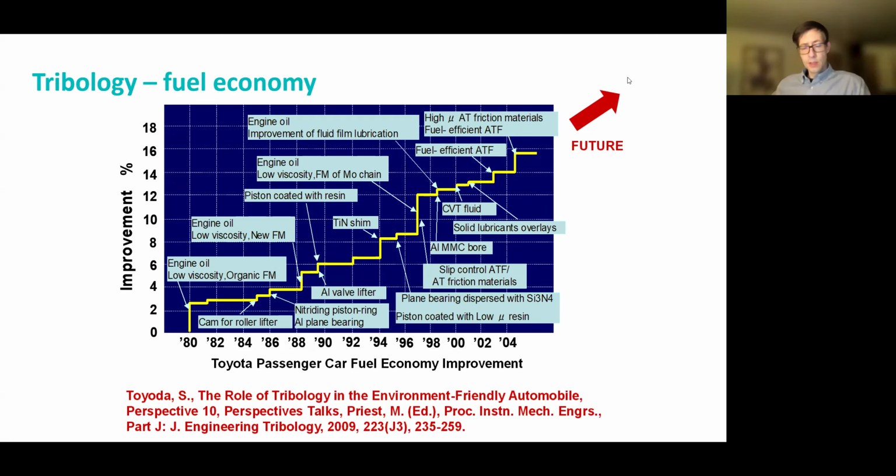On the x-axis, you have time in the 80s, 90s, and early 2000s, and on the y-axis you have percentage of fuel economy improvements.